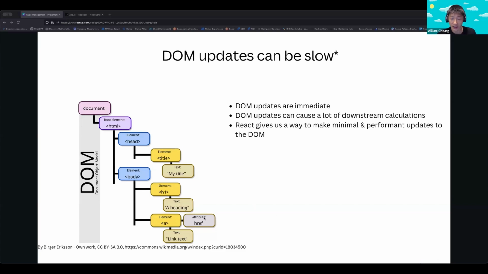But we don't actually need to do that because we're going to replace it with a form anyway. So we're doing extra work here. And this is the type of stuff that React can help with. React gives us a way to make minimal and performant updates to the DOM.